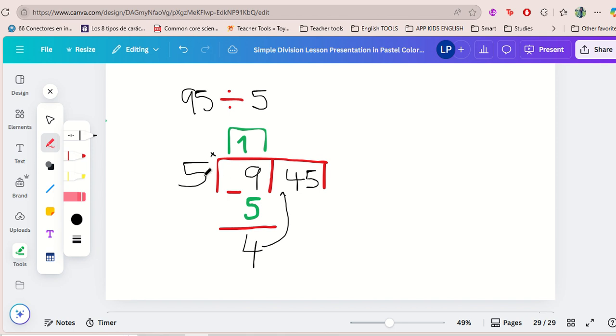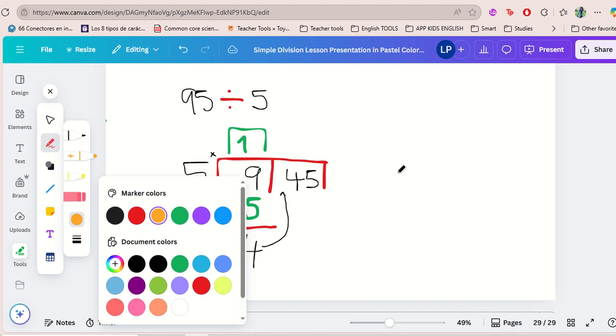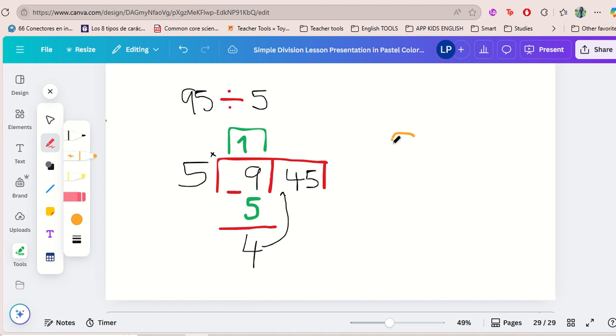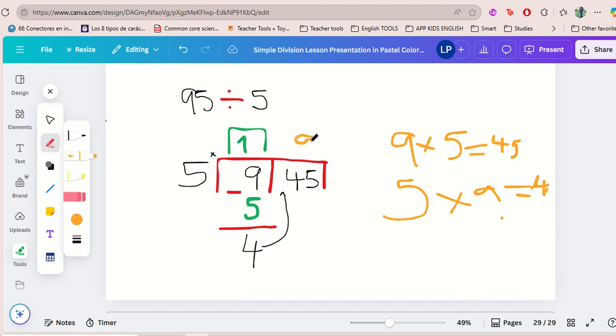Now, 5 times which number gives me 45? This is easier, teacher, because 9 times 5 is 45, or the same as 5 times 9 equals 45. Then what do I have to do now?